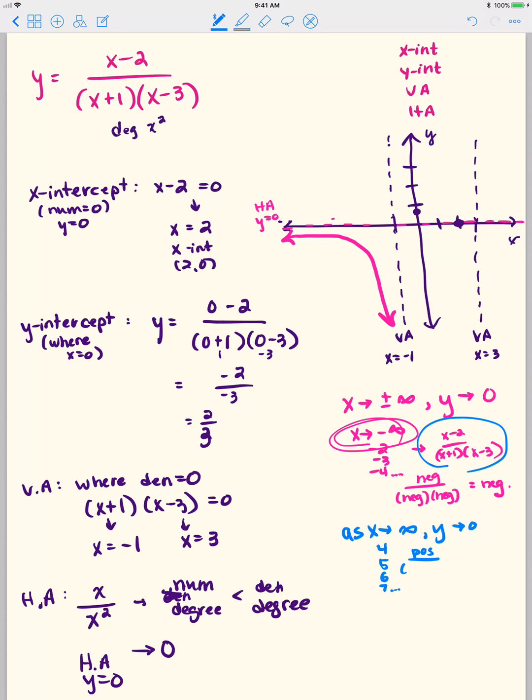The x plus 1 portion will be positive, and the x minus 3 portion will be positive, right? 4 minus 3, 5 minus 3, 6 minus 3. Anything above 3 that we plug into the original function, all of those pieces will stay positive. So as x goes to infinity past that asymptote, the function will live in the positive area for function values.